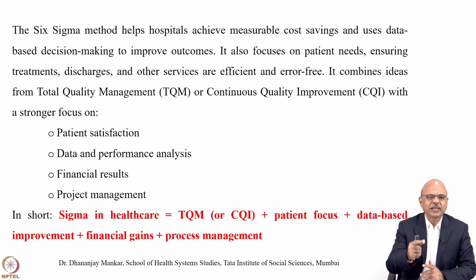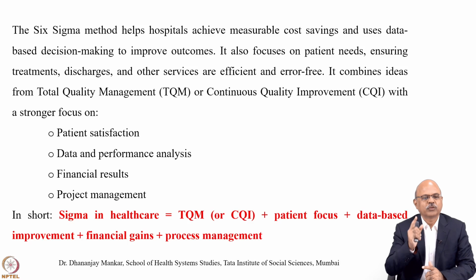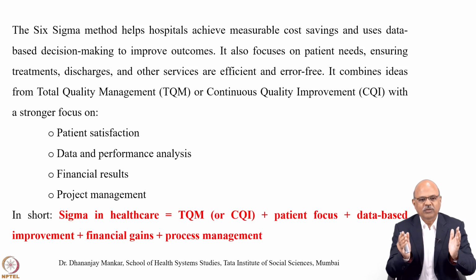It combines ideas from TQM, that is Total Quality Management, or continuous quality improvement, CQI, with a stronger focus on patient satisfaction, data and performance analysis, financial results and project management.